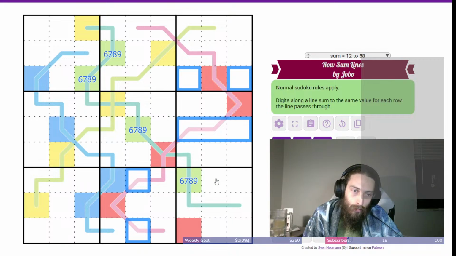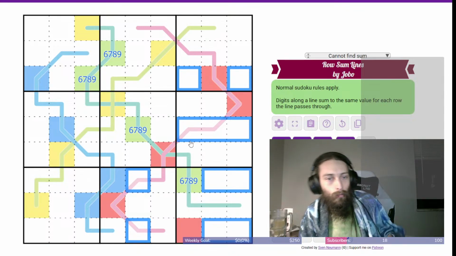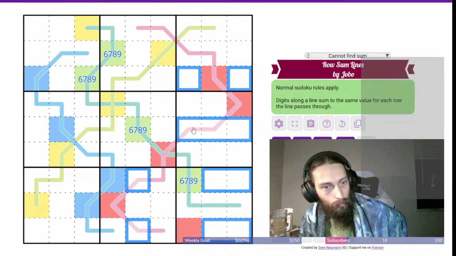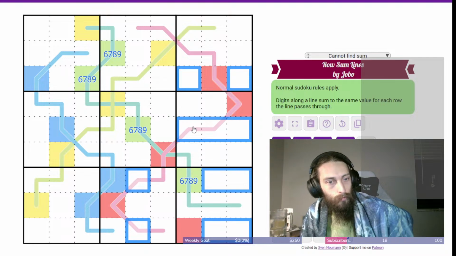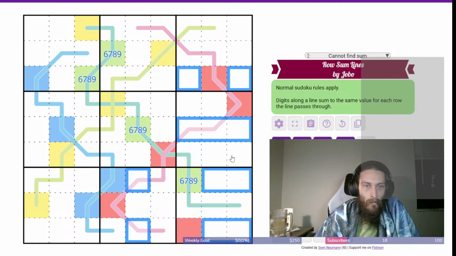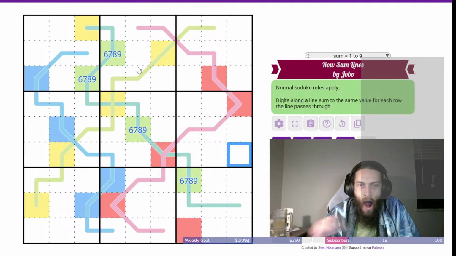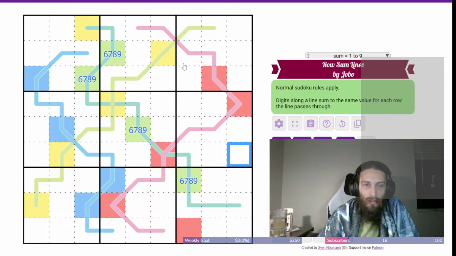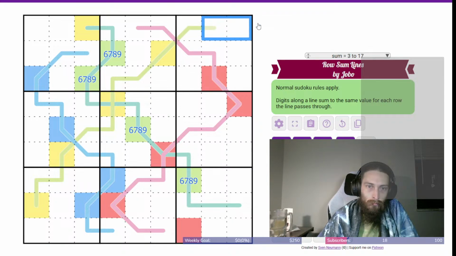Nah. I was going to ask where could yellow be in this column, but it could be here. Okay.